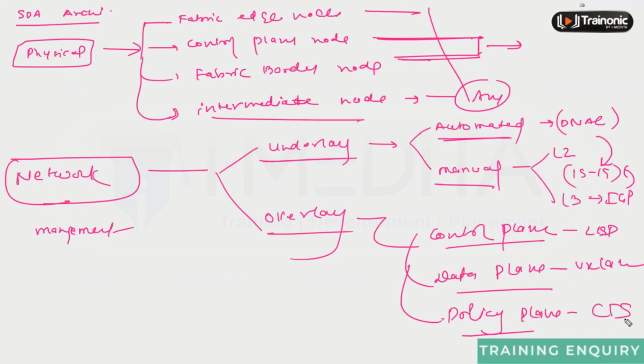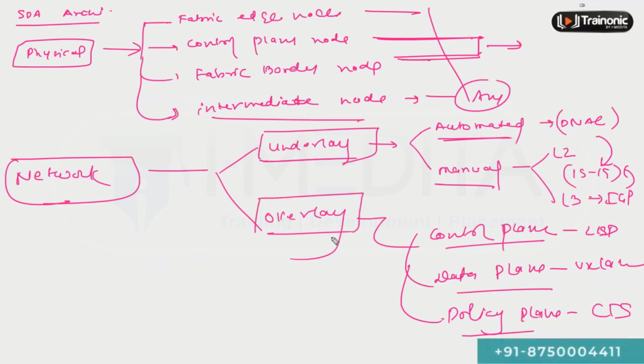VXLAN tunnels are created, and within those tunnels your data is going to pass, and that is what the overlay is going to do for us. It is going to carry the data for different users from one fabric edge node to the other fabric edge node over the underlay, after encapsulating it with protocols such as VXLAN.